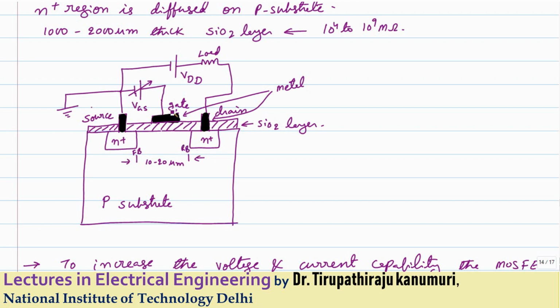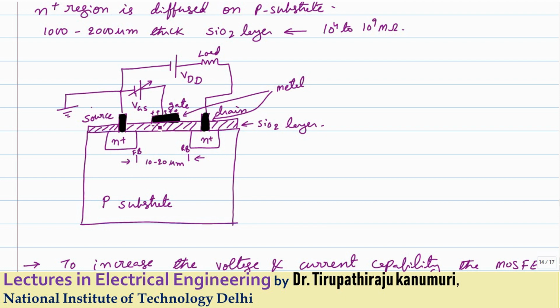Let us now see what will happen when I give the supply to the gate terminal. When I am giving the voltage to the gate terminal, because it acts as a capacitor, and this top plate is connected to the positive terminal, the positive charge will be here. Because of this positive charge, polarization happens in this dielectric material.